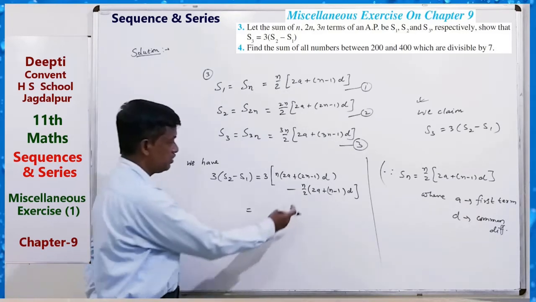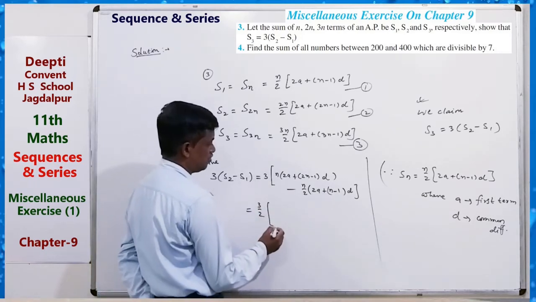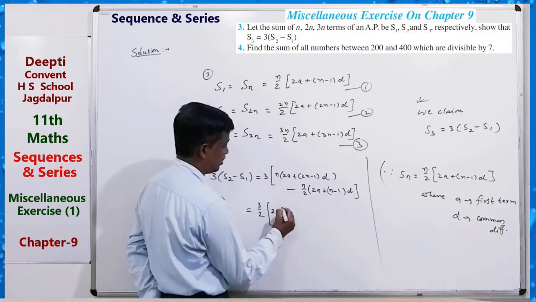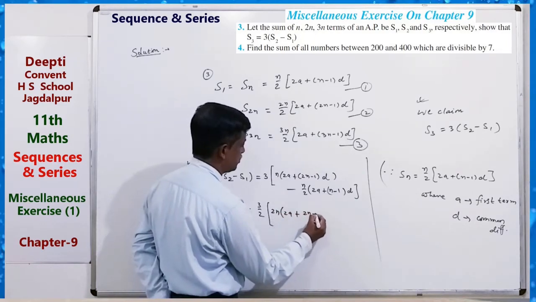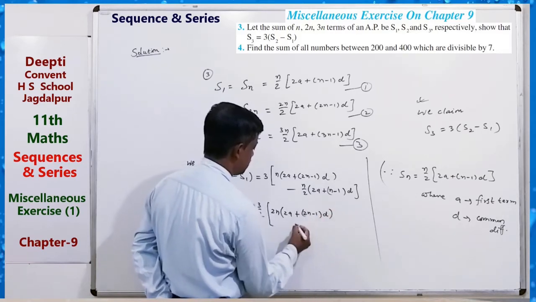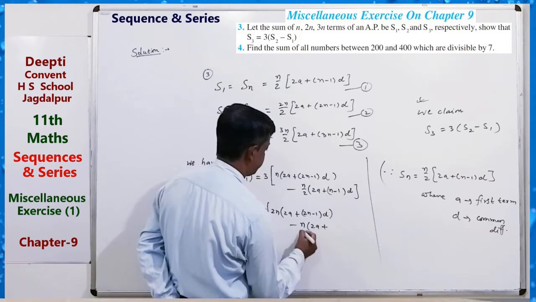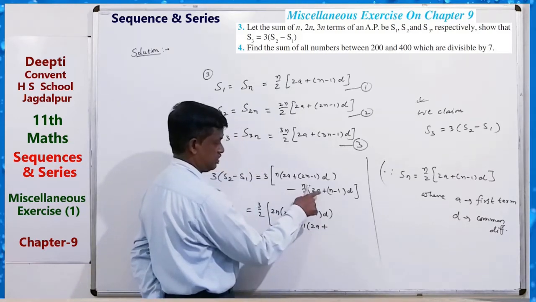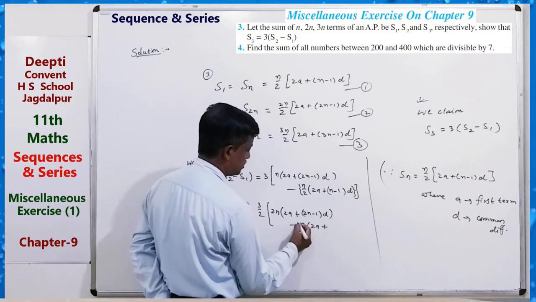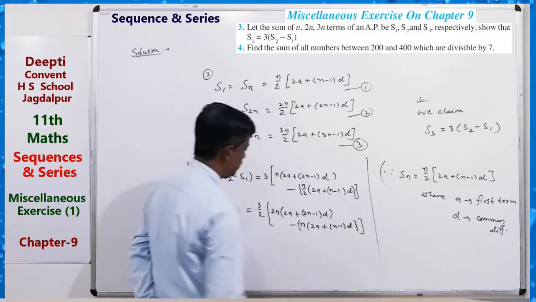Okay, taking common n by 2, so 3 by 2. Here we see that 2n times 2a plus 2n minus 1 into d minus n times 2a plus n minus 1 into d, minus of this total. Clear?